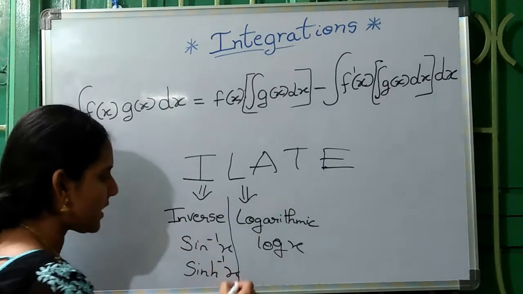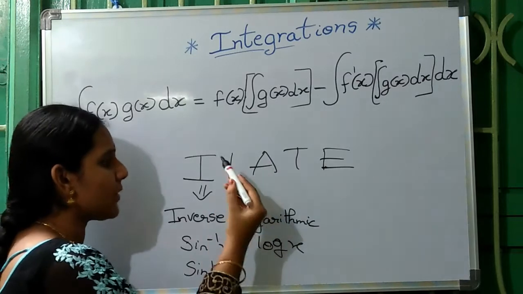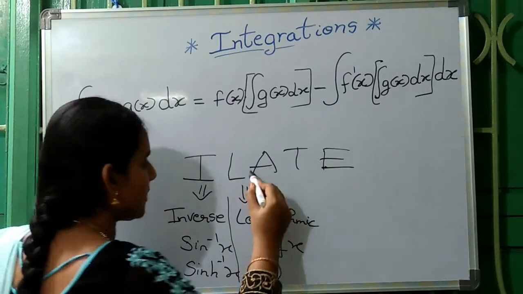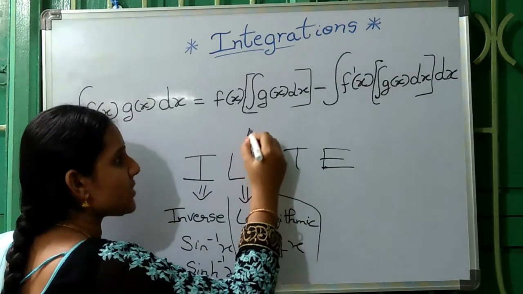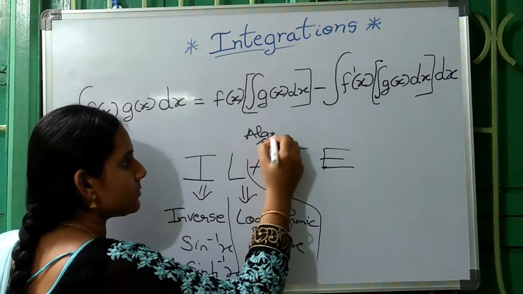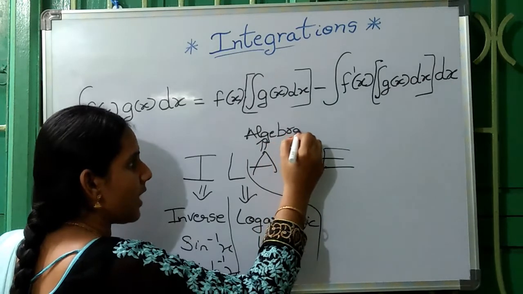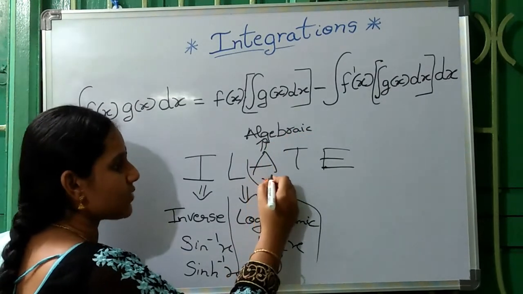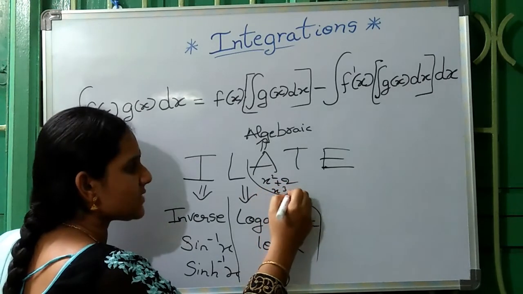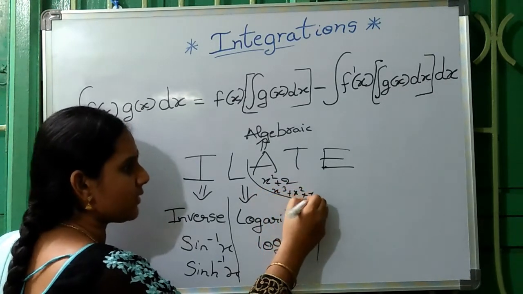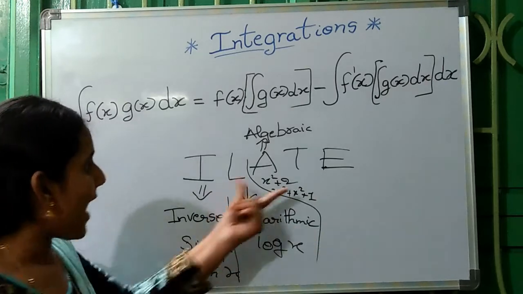First priority is for the inverse function, second priority to the logarithmic function, and third priority to algebraic functions. Algebraic means x square plus 2 or x cube plus x square plus 1, similarly others.